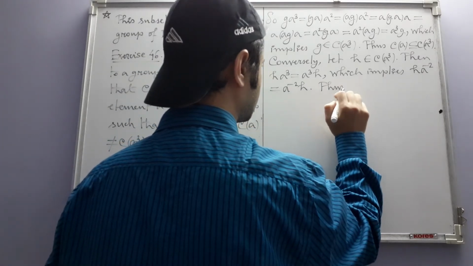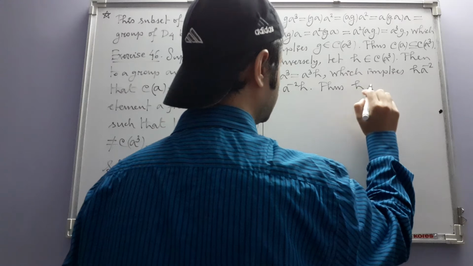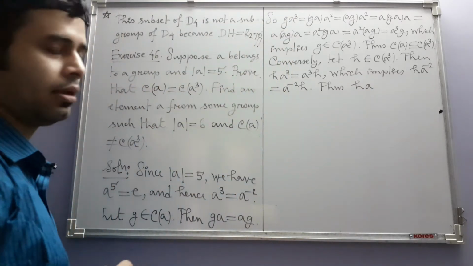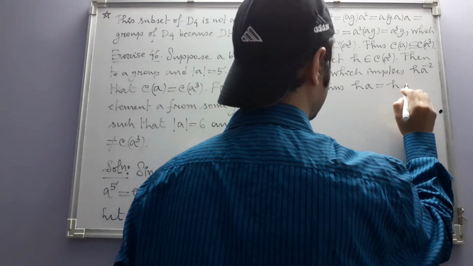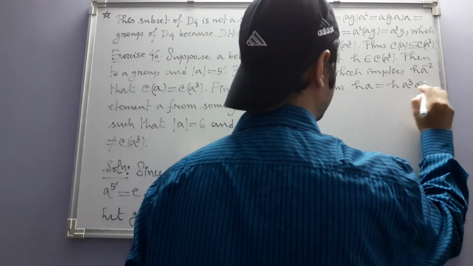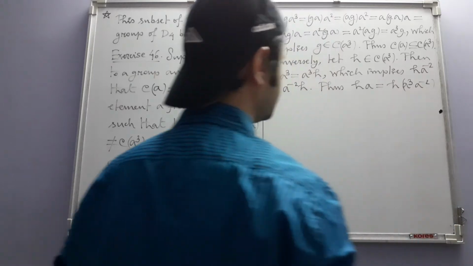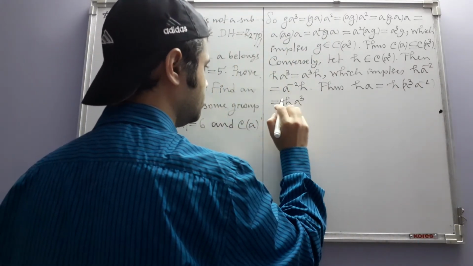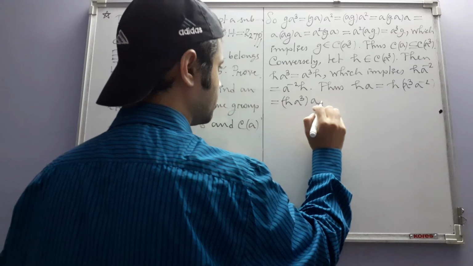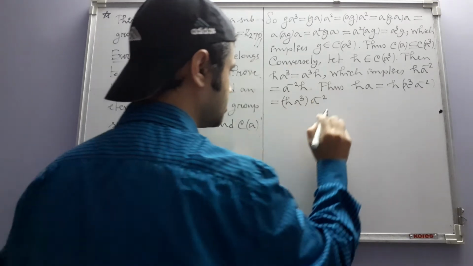Thus, now what can we say about HA? HA can be written as H A cube times A to the power minus 2. Because of associativity, that product becomes equal to this.